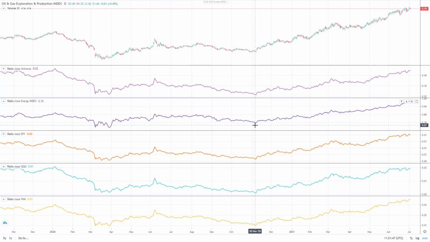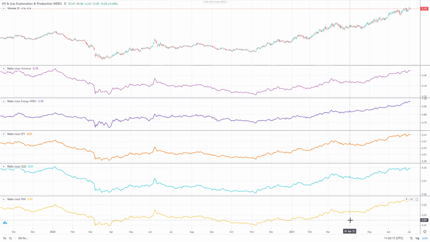That's when it started and took off, and it grew a good bit through most of this across all the different comparisons. Now again, we have versus the universe, but when we go down to the subsector level, we add another window, which puts this versus the equal weight sector index that it's involved with. So oil and gas exploration being in energy, we'll have an energy comparison here as well.